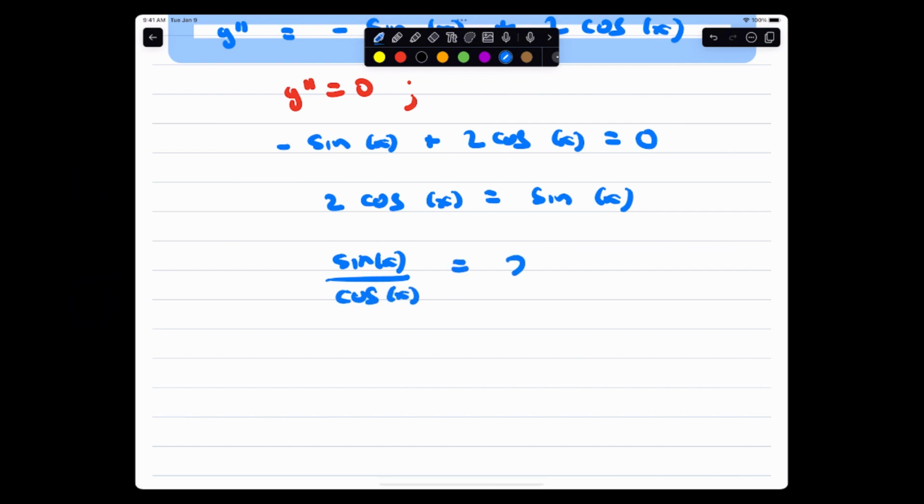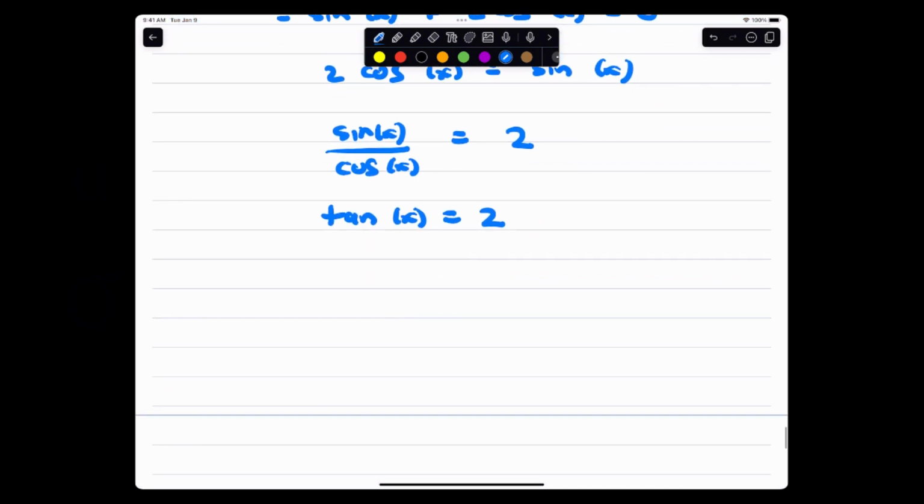Sine over cosine is 2, which means tangent is what? 2. All right, so what is the value of x? Now, this is kind of easy peasy lemon squeezy in some ways.